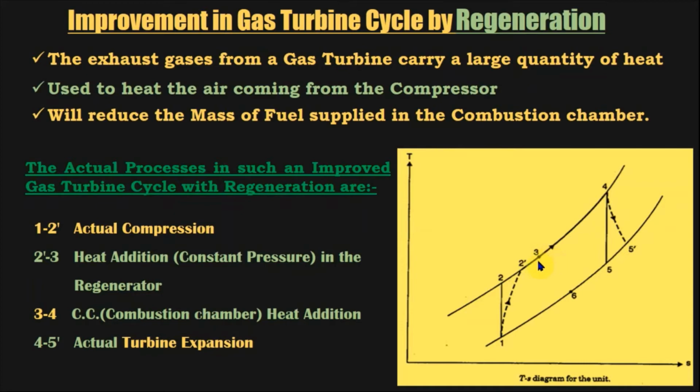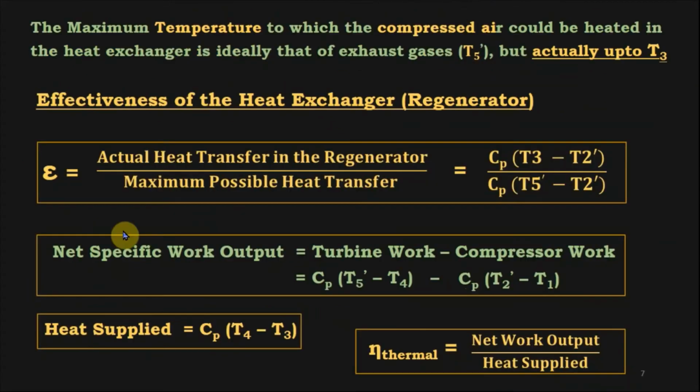Ideally, the temperature to which this compressed air could be heated is T5 dash. But in actual practice, that does not happen. So we will introduce a term called effectiveness of heat exchanger. The maximum temperature to which the compressed air could be heated in the regenerator is ideally same as that of the exhaust gases, that is T5 dash.